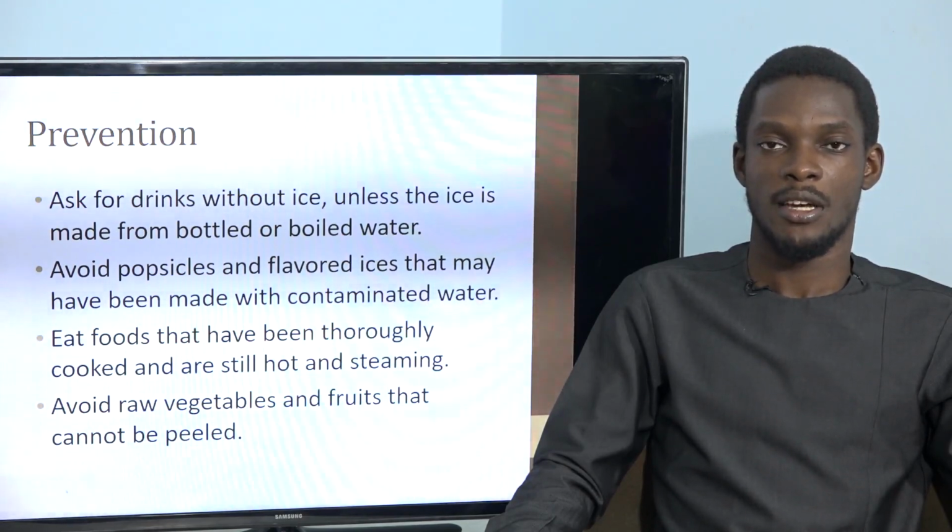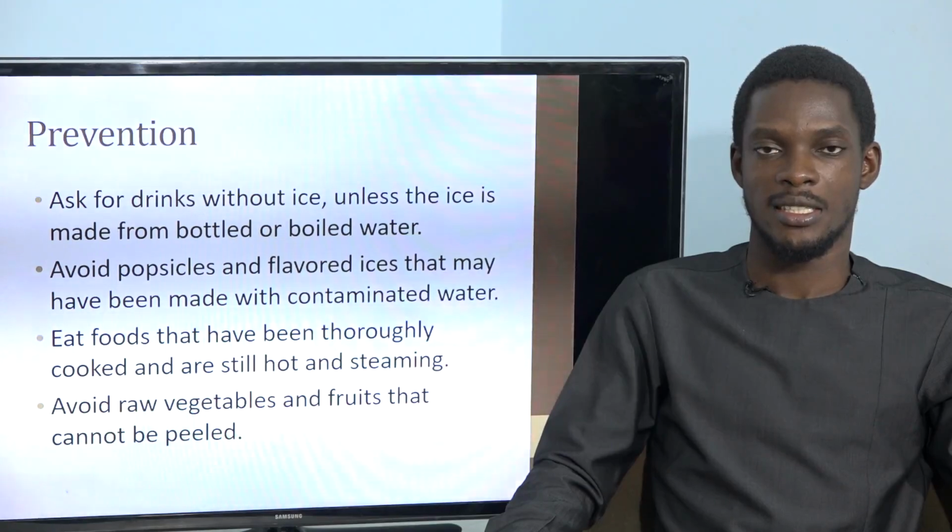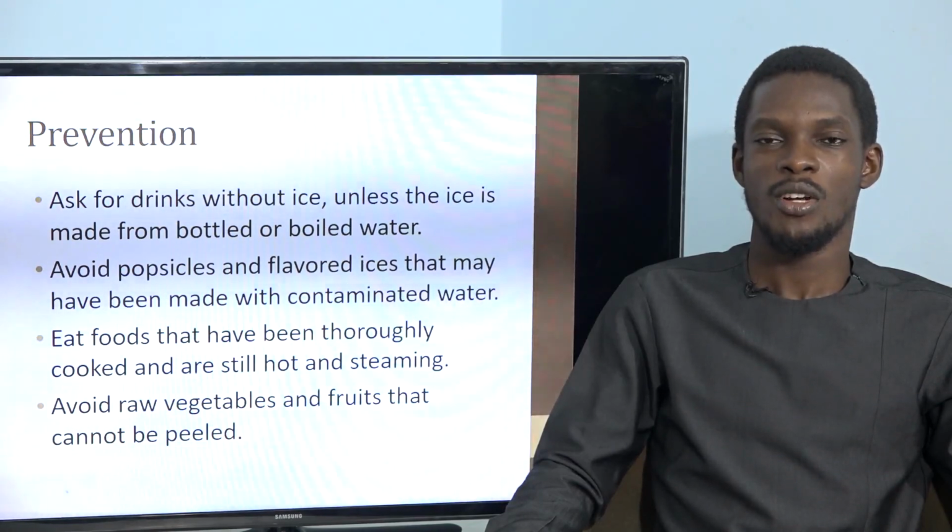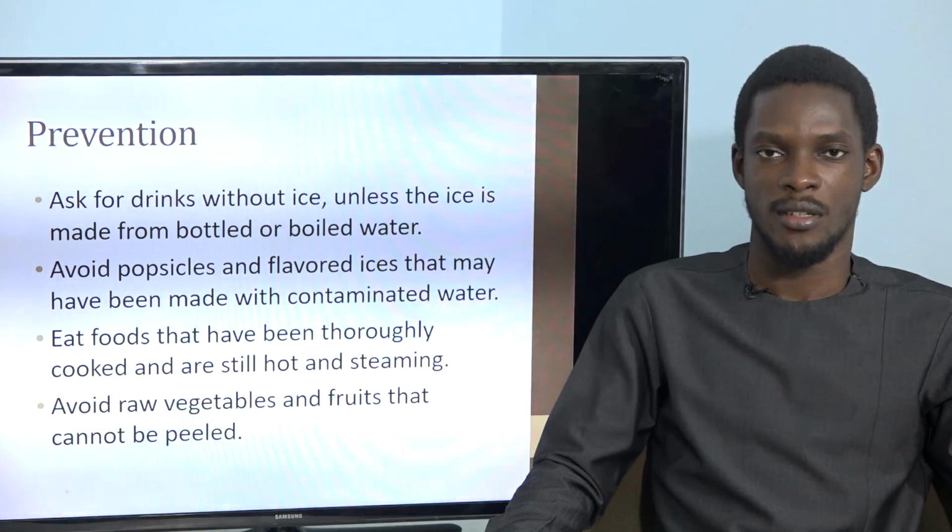So if something cannot be peeled, then potentially you would have bacteria around the fruit itself, and therefore you can easily get the disease by eating such foods. So refrain from foods that cannot be peeled, or wash them very well before you eat them.